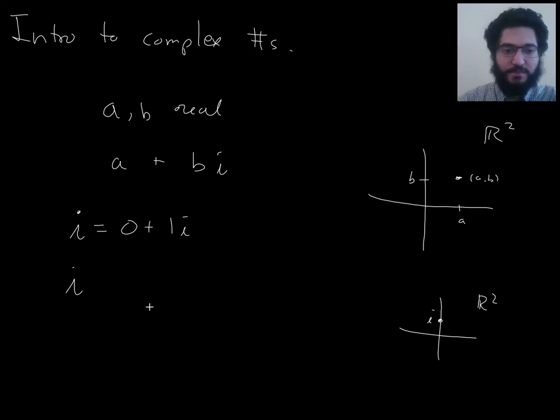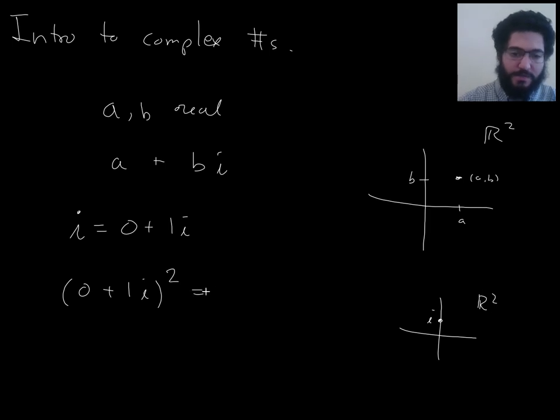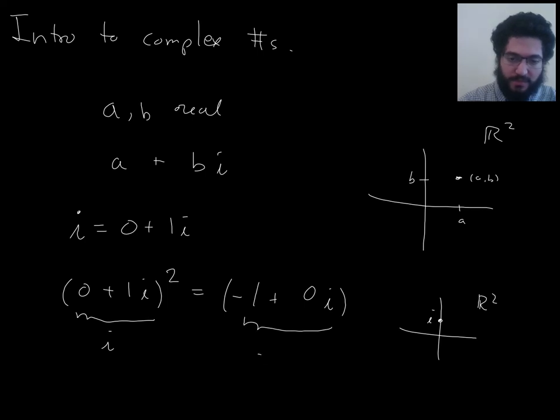So in other words, if you take 0 plus 1i, that pair 0, 1, and you square it, then you get -1 plus 0i, which is also called -1. So this is written i for short, and this would be written -1 for short.